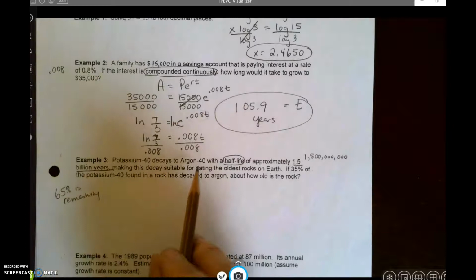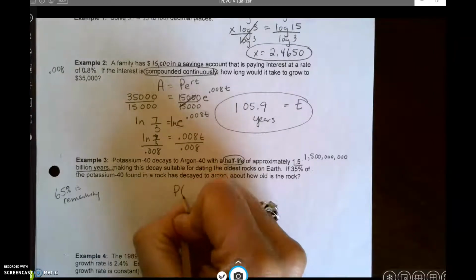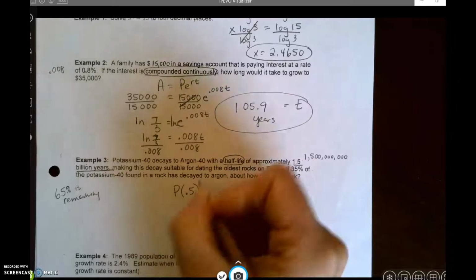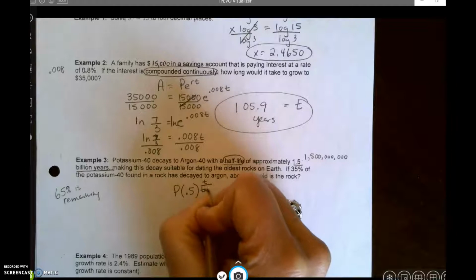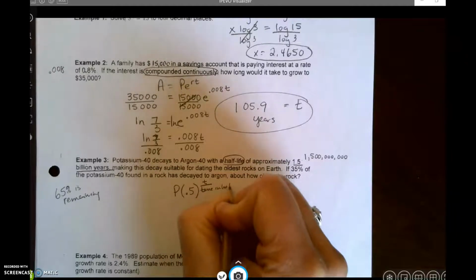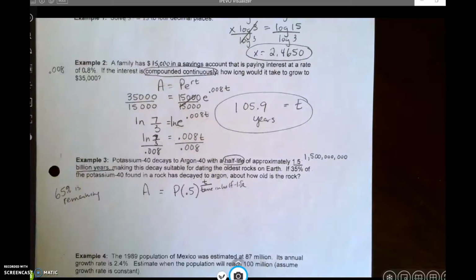All right, well, when we learned half-lives, we always said you take the principal amount times 0.5 to the total time divided by time in a half-life. And that gives you the amount that you have remaining.